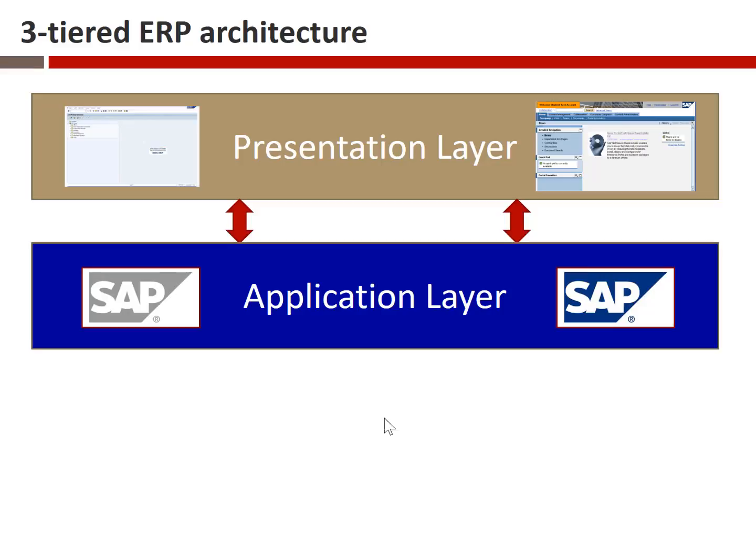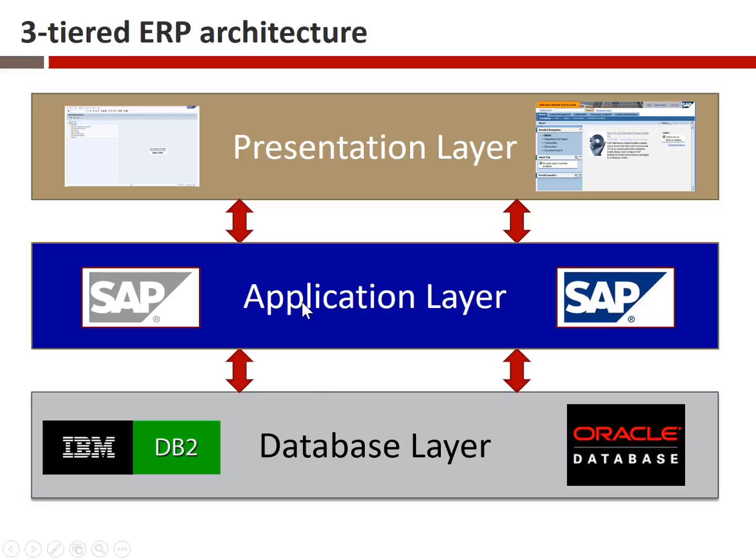The third tier in this overall structure is the database layer. Now the database layer, like the application layer, is a server. So what we are perhaps looking at here is the presentation layer running on a PC, a laptop, what have you, the application layer being a server, the database layer being a server, and you'll notice the application layer interacts with the database layer, and the whole role of the database layer is to give us persistence of information.